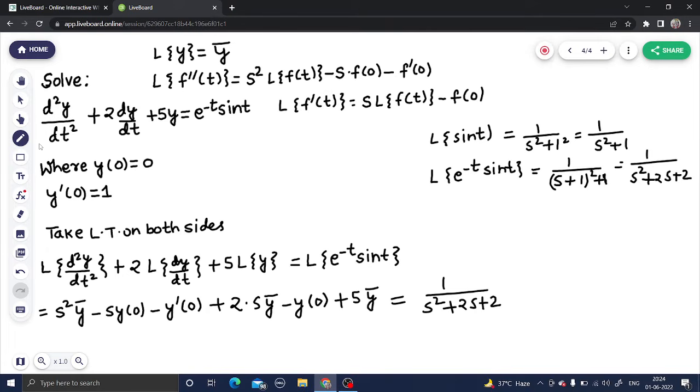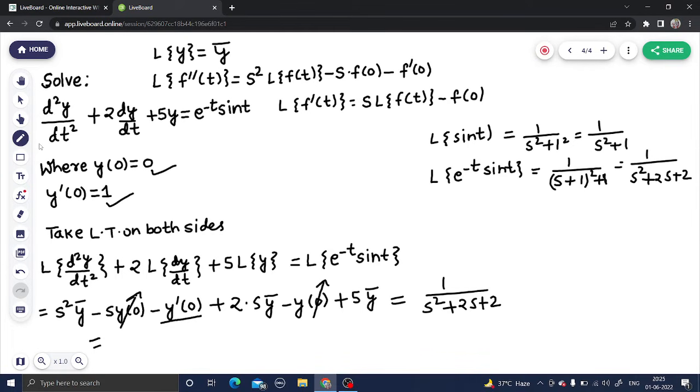So this is 1 upon s square plus 2s plus 2. Now we'll use these two values also. So y of 0 is 0. So this term vanishes. Y of 0 is 0. So this term also vanishes. Y dash 0 is 1. So we are getting minus 1 here. And from the rest we can take y bar common.